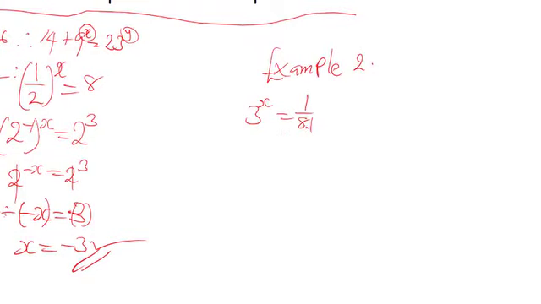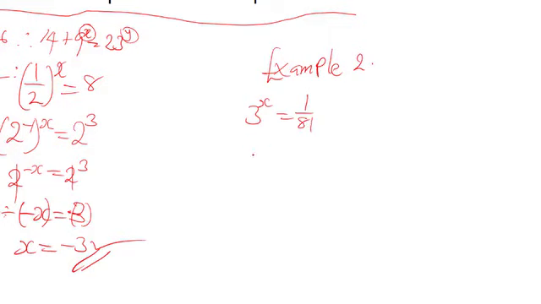Since we are dealing with 3, let's go into proper expansion. 3 raised to power 2 is 9. 3 raised to power 3 is 27. Then 3 raised to power 4 is 81.